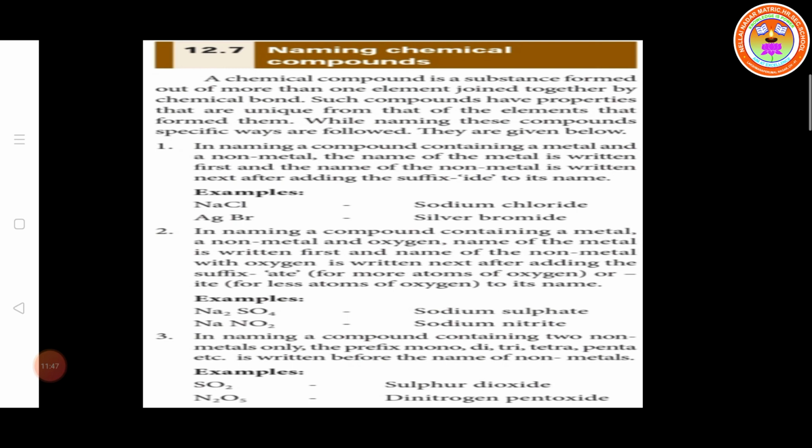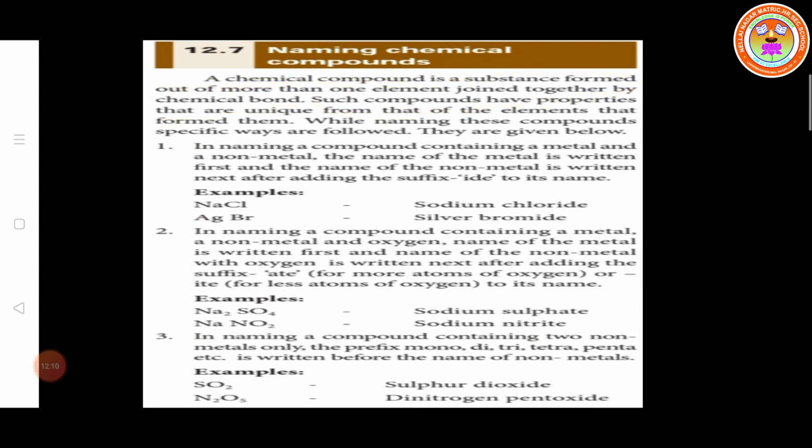Then naming the chemical compounds. A chemical compound is a substance formed out of more than one element joined together by a chemical bond.